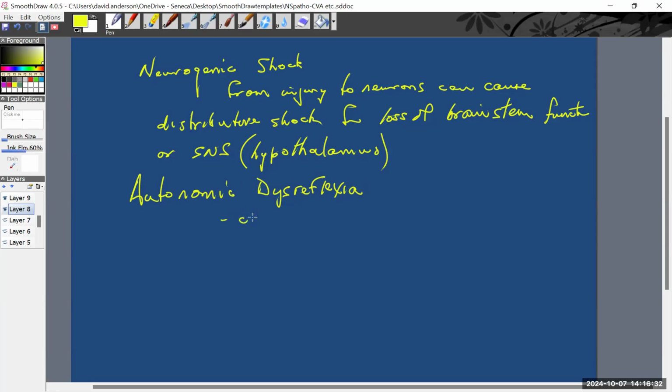So this is often chronic in spinal cord injuries, especially above T6, above the thoracic vertebrae, between the shoulder blades, essentially. That's what we're talking about there. So this can occur anytime after an injury and is life-threatening.